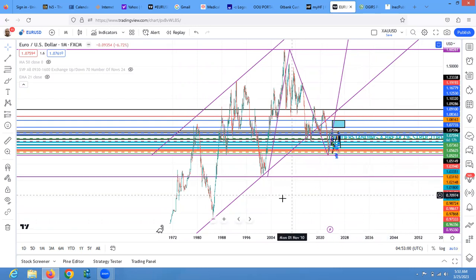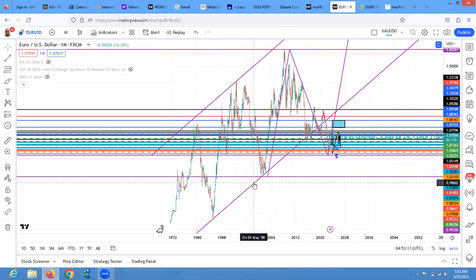Because we have to look at which one is a precursor. The move to the down here is a precursor to the movement from here to this point. So we can't take it from here. For this movement, this one is a precursor here. So that's the way we can look at it.